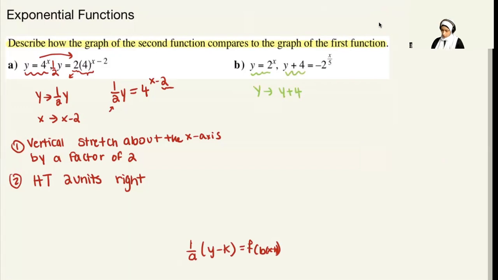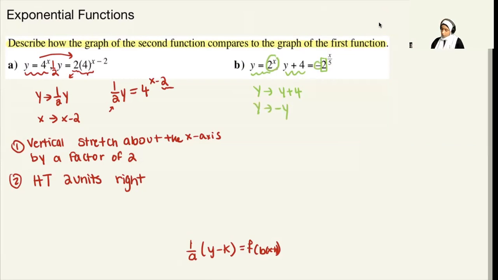Look at this. This is the base. The base cannot be changed. So you can't say, oh, the base was changed to negative 2. No, it's y that was replaced by a negative y, because this negative is applied to what y was. It's like saying negative y, but we don't like the negative on the y side, so we brought it to the other side.